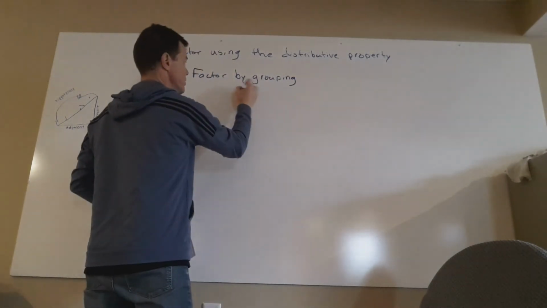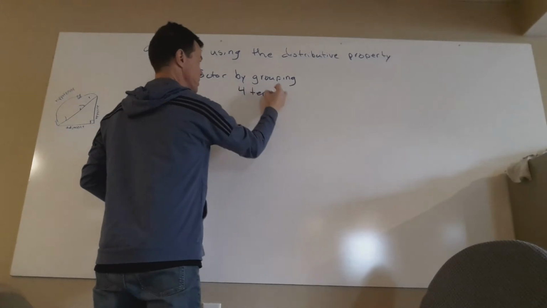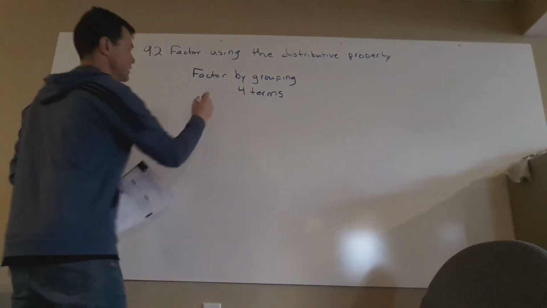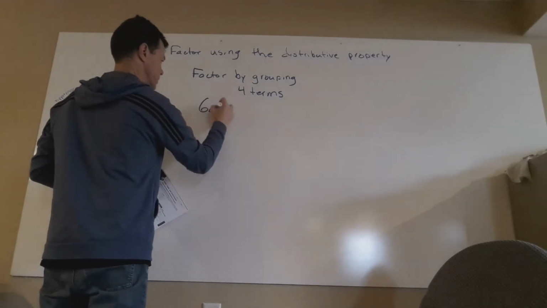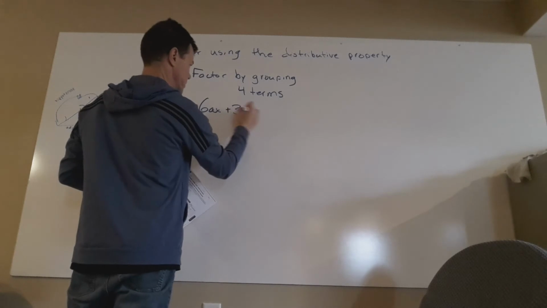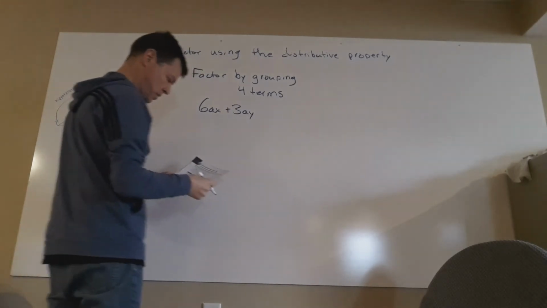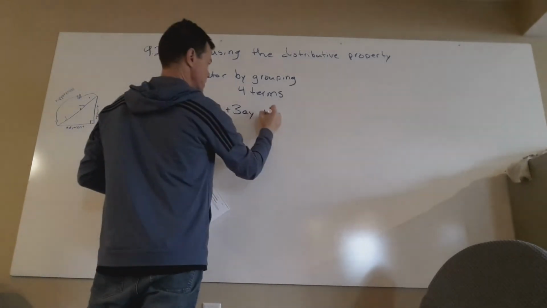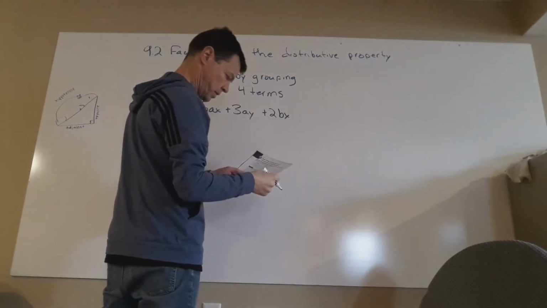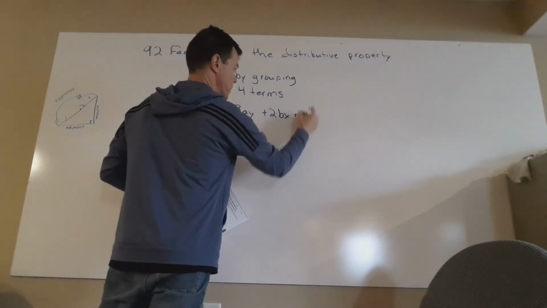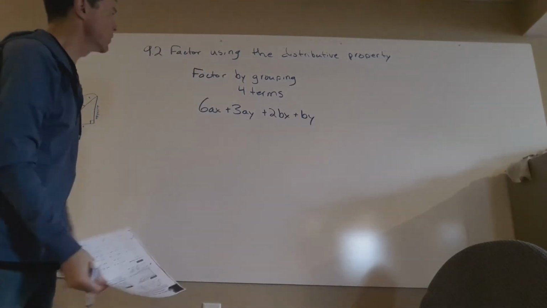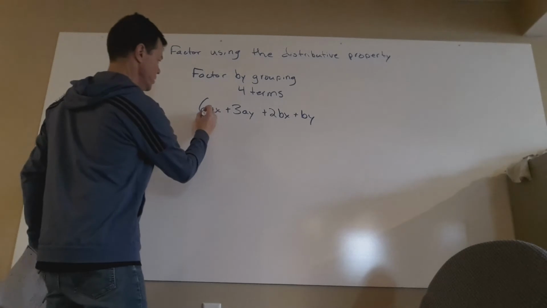There's going to be 4 terms when you factor by grouping. And here's an example with this, 6ax plus 3ay plus 2bx plus by.